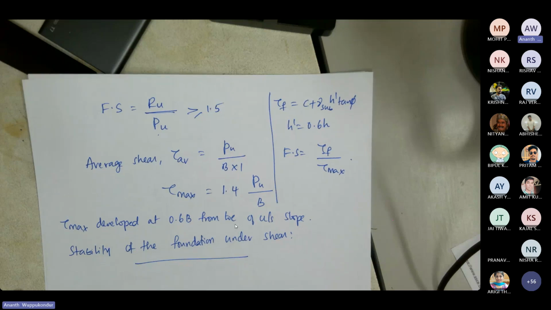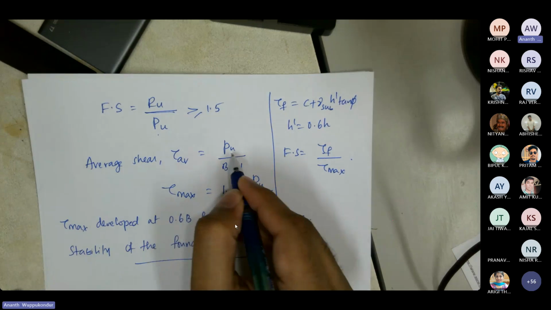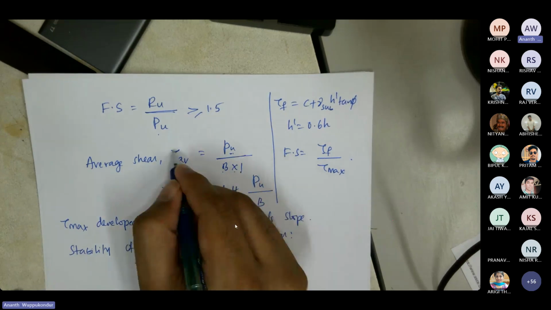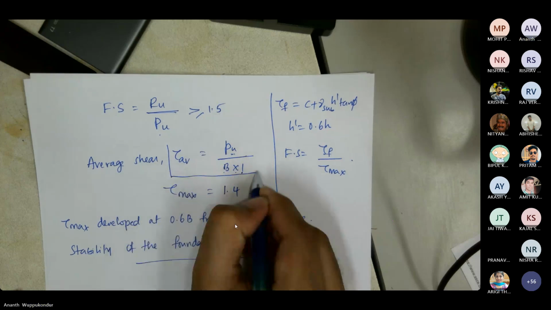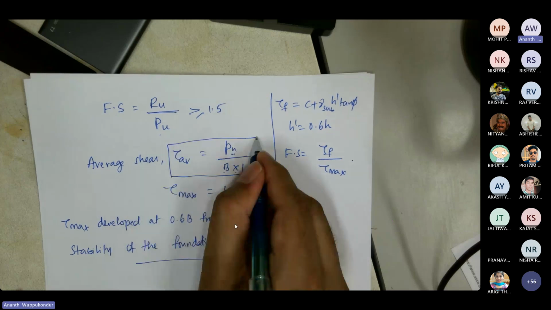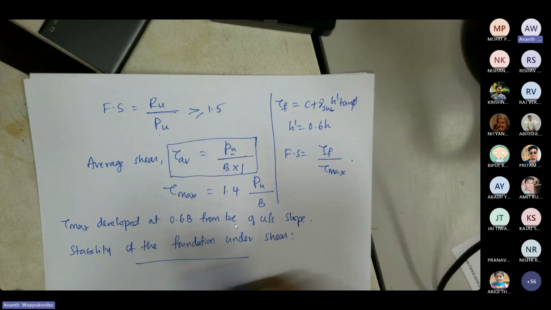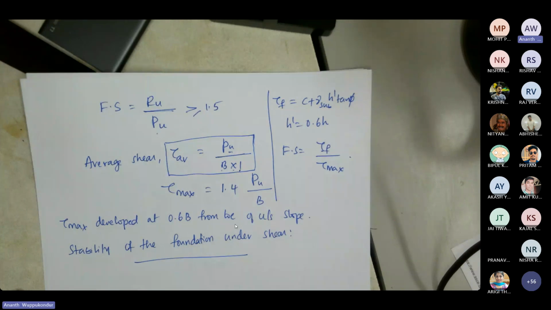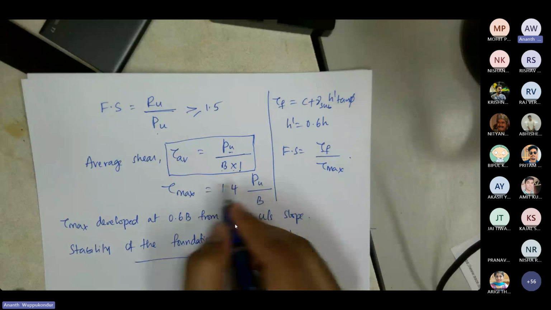Now, if you consider what is the shear stress at the base, so you have the force Pu that is acting over an area B times 1. So this would be your shear stress at the base because of the force. And the maximum shear stress would be 1.4 times the tau average.